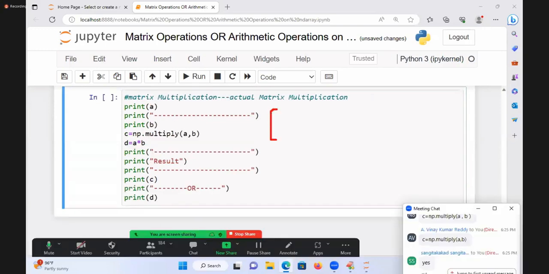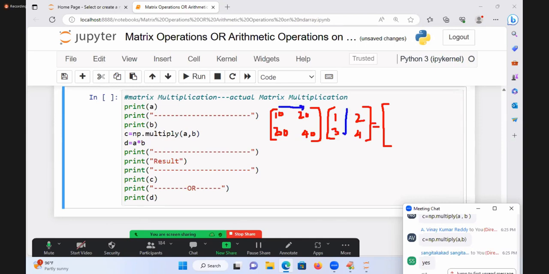What is the value of A? 10, 20, 30, 40. This is my one matrix. One more is 1, 2, 3, 4, another matrix. Dear students, now go for multiplication. What is the original matrix multiplication? Each row is multiplied with every column.